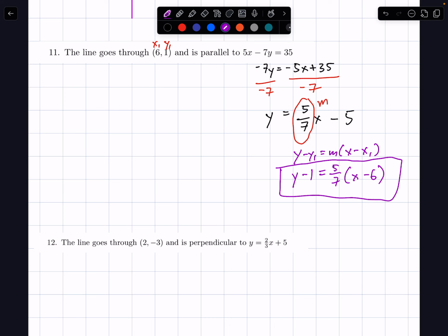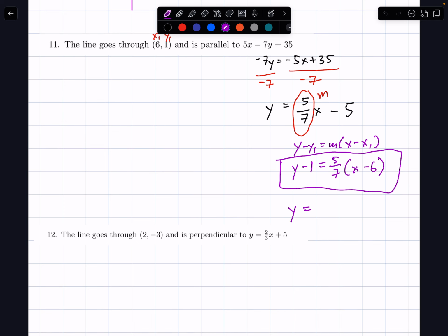It asks for slope intercept form. So two steps. First, distribute that 5/7. Minus 6 times 5/7, what? 30 sevenths.